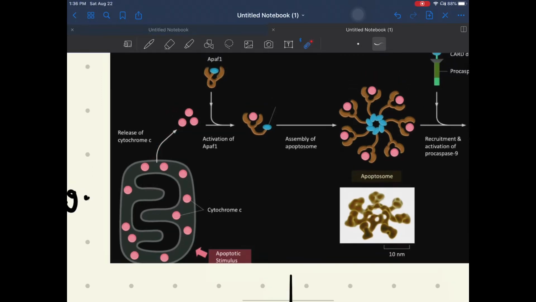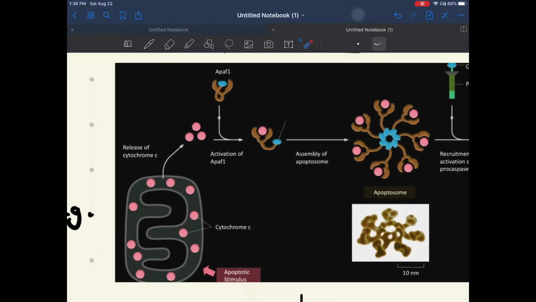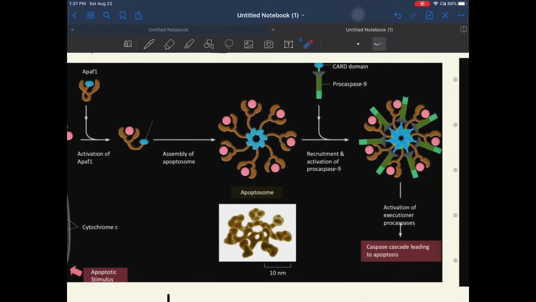So when the cytochrome C gets released, it's going to stimulate this activation factor called APAF1. So the two are going to bind together, and that is going to stimulate the assembly of a thing called the apoptosome. I don't even know how to pronounce it, but it's going to make this complex.